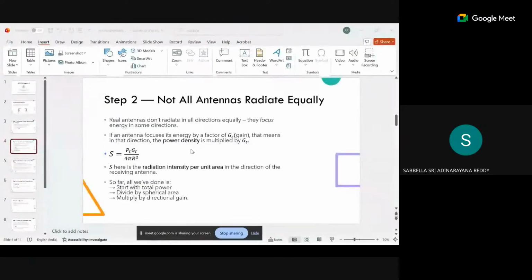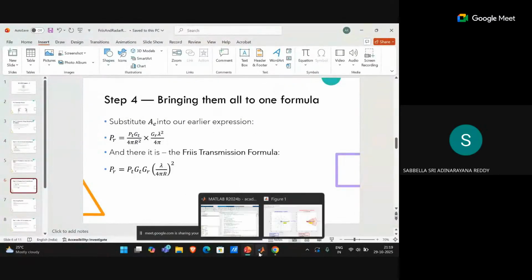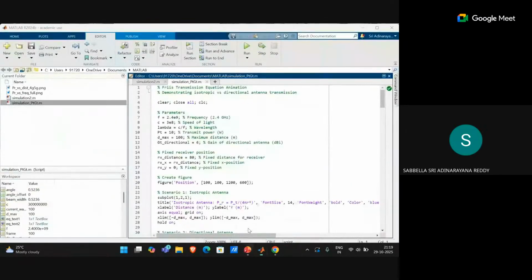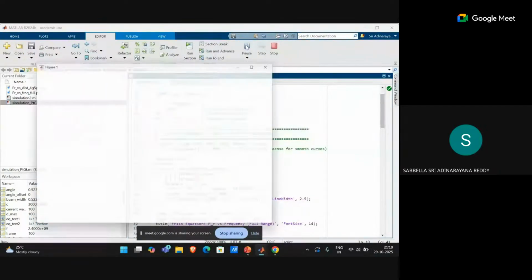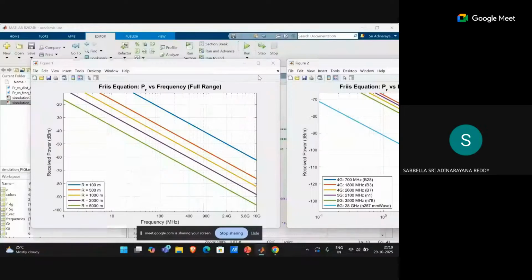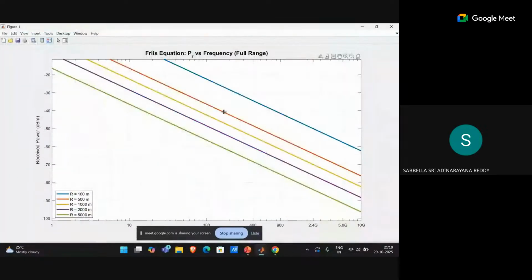Let me run another MATLAB simulation to show its dependence on frequency and distance. If we first look at the distance dependence, if we take a constant frequency, let us take 100 Hertz here.